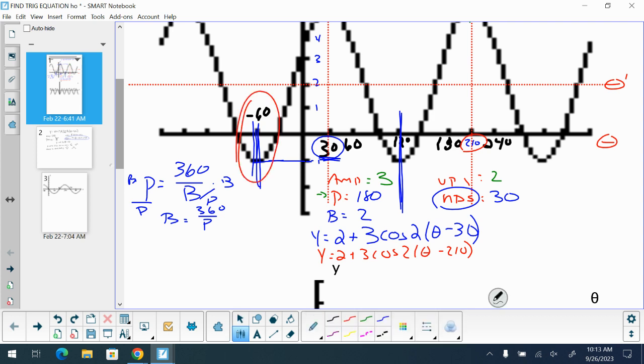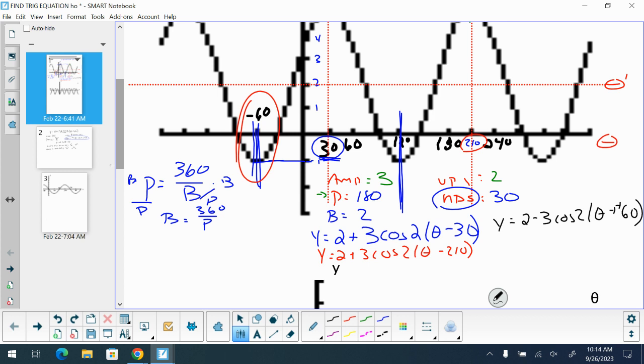Now we are at a valley. So if we're at a valley, what do we have to use? Negative cosine. So I can write an equation, y equals 2 minus 3 cosine 2 times theta minus a negative 60, or theta plus 60. That's a correct equation.